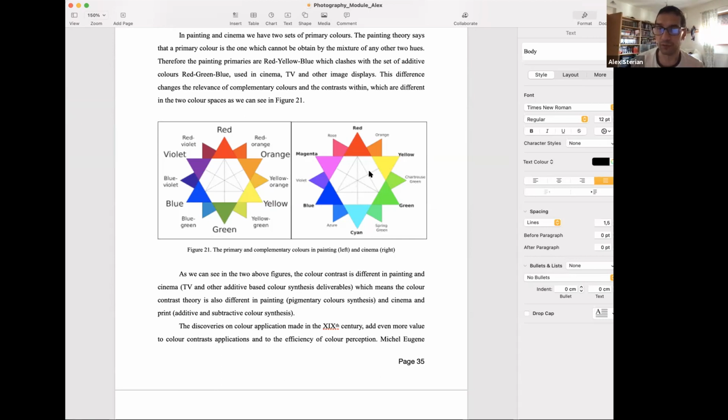When we go on this axis here, somewhere in between, not very specifically in the middle, we'll have neutral gray. The neutral gray means the values of those two colors are very balanced.